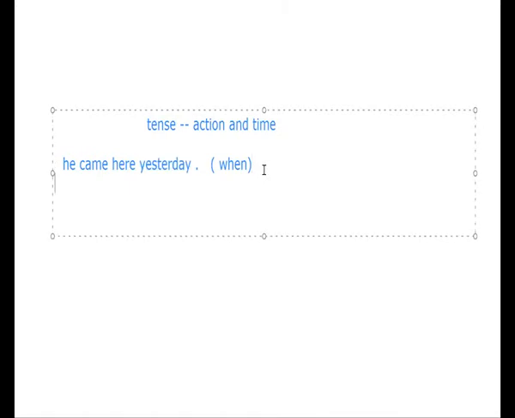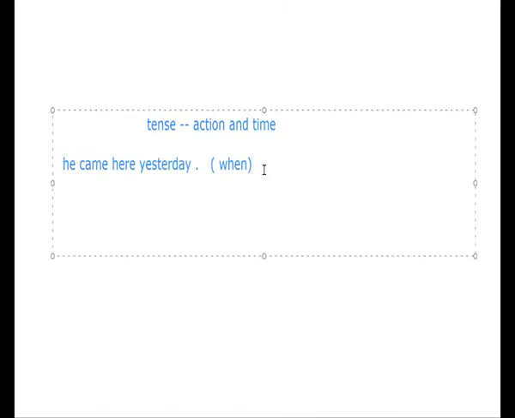And I can also give time in a group of words like this. He came here on 24th November. When? From here to here is the answer for when.